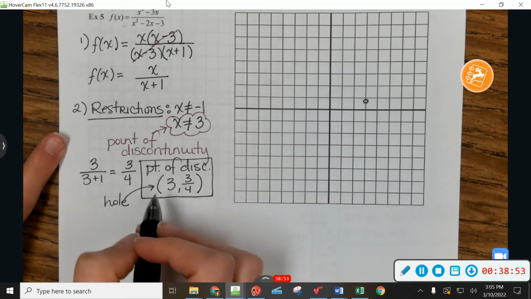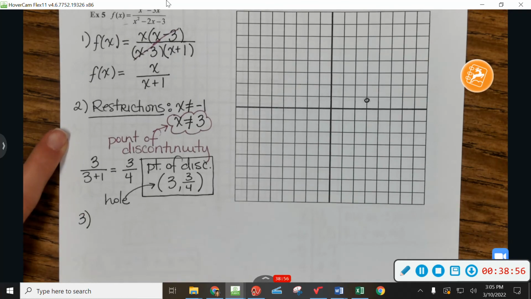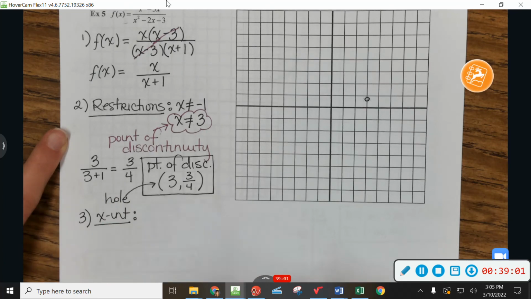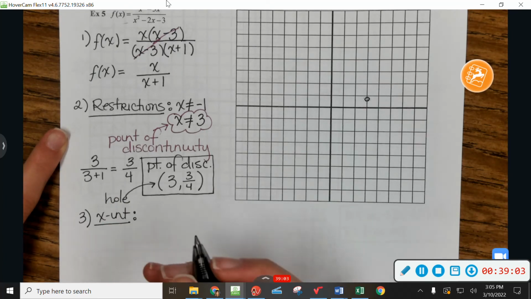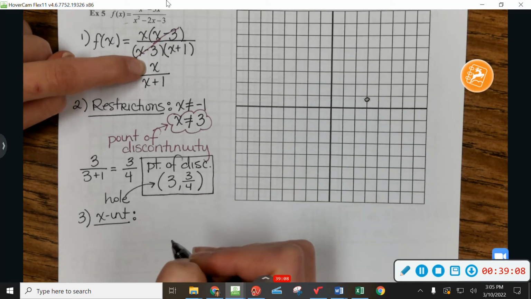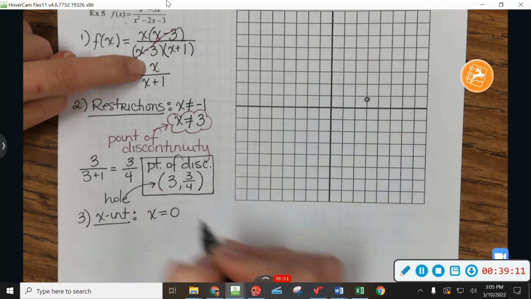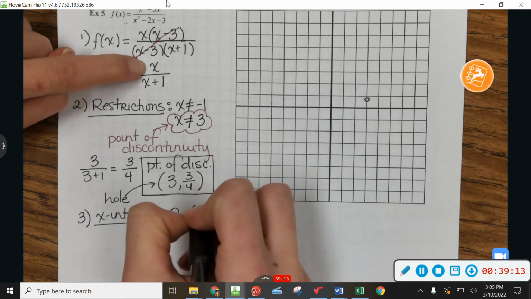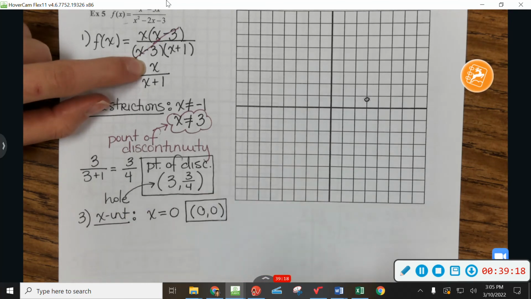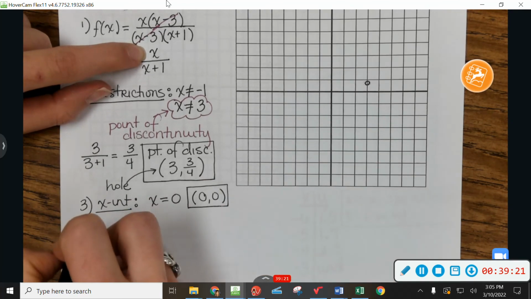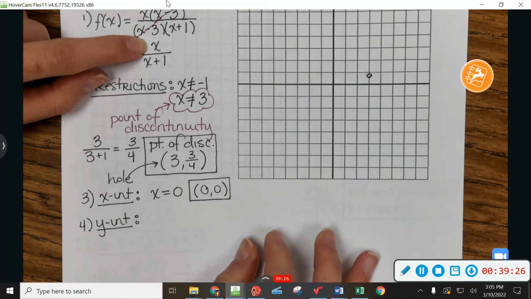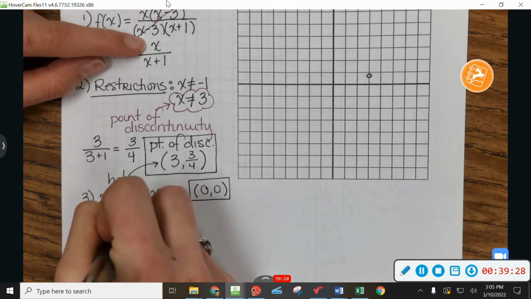So then that's going to lead me to my x-intercept. Numerator equal to 0. I'm going to do my factored simplified form. So x equals 0. That tells me my ordered pair is 0, 0. So my y-intercept is where I do x equals 0.